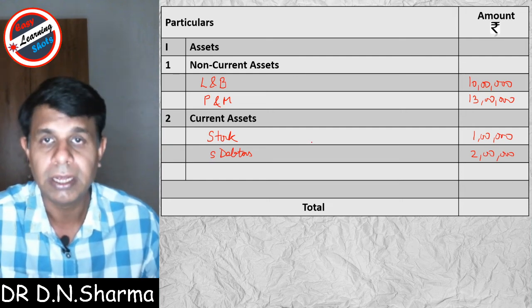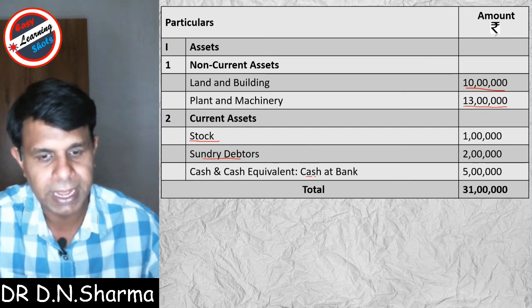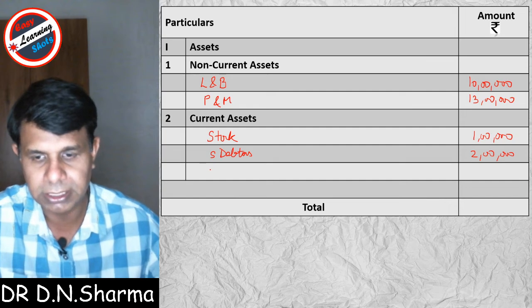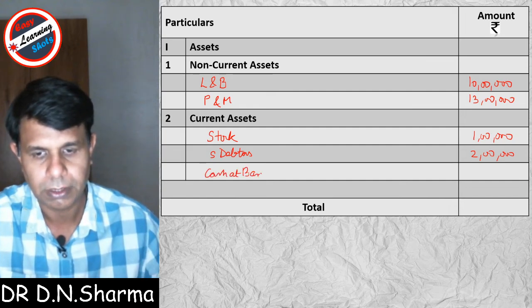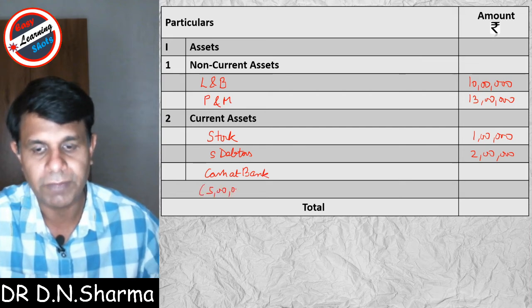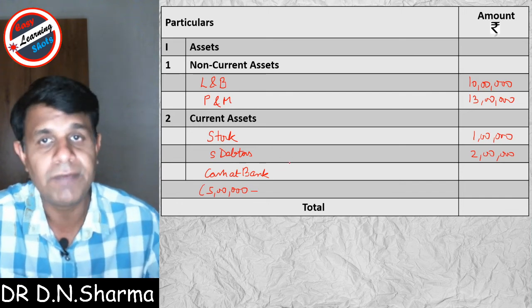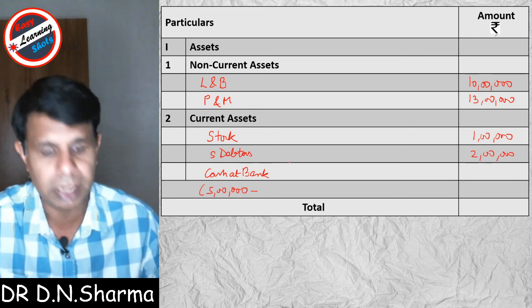Now when we balance the bank account, here we have a bank balance of 5 lakh rupees. So first we write this balance under cash at bank. We have a balance of 5 lakh rupees. Now when the bank account is debited, this bank balance is increased, and when the bank account is credited, this balance is decreased or reduced.